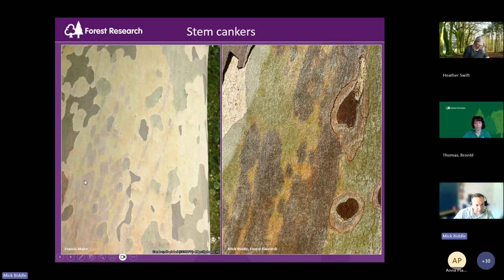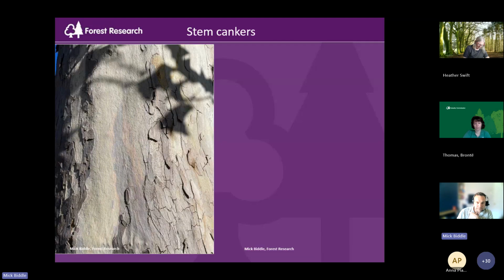But then underneath the bark, you've got this sort of leopard spotting effect and these streaks. That's these cankers that develop on the stem, and they can have dark centers and sort of yellow and purplish margins. These are the healthy bark plates again on the right, but it's these subcortical cankers which you see.